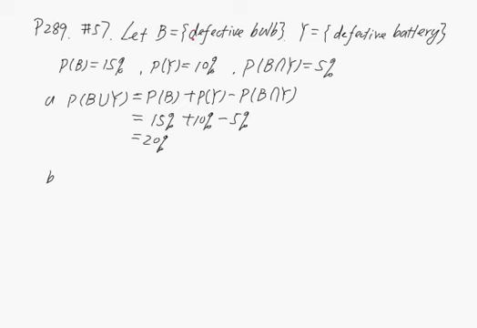B prime, right? That is the complement of the defective bulb. So that should be B prime, the good bulb. And similarly, a good battery should be Y prime.